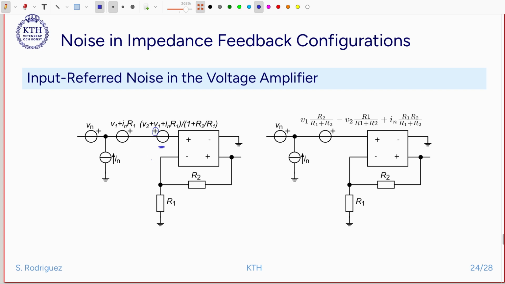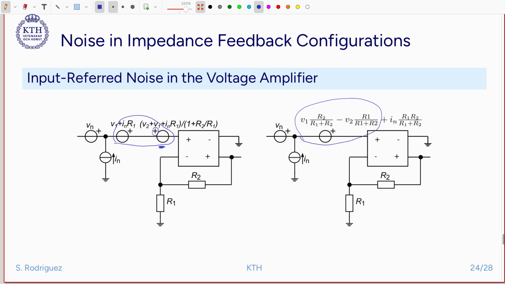So we have basically all the input-referred noise voltage in series, and also we have the noise current source, which is basically ready. So when we expand the terms that depend on V1 and V2, what we get is the following.